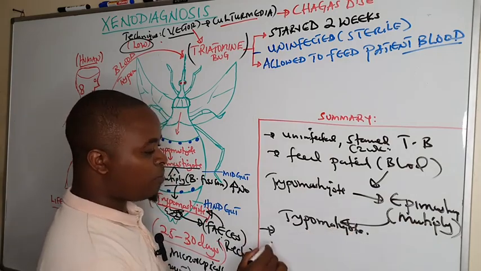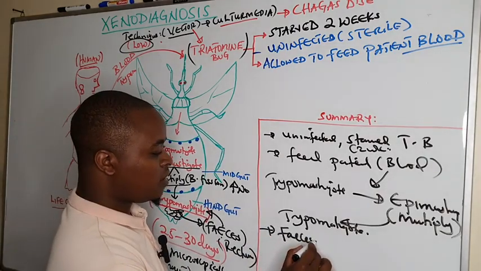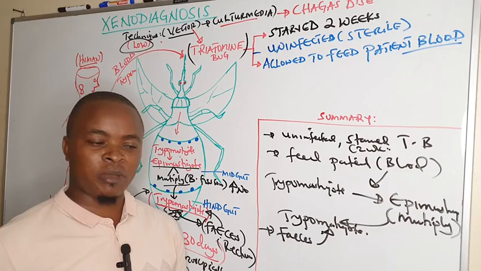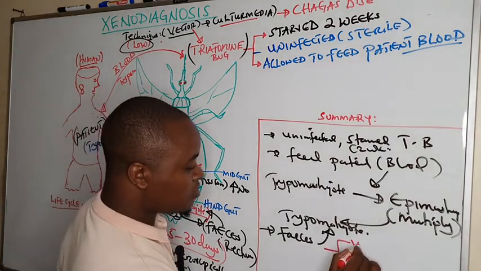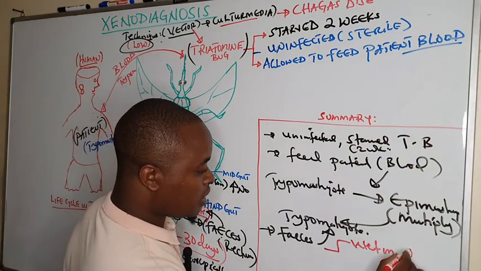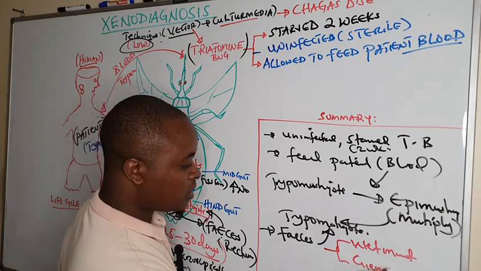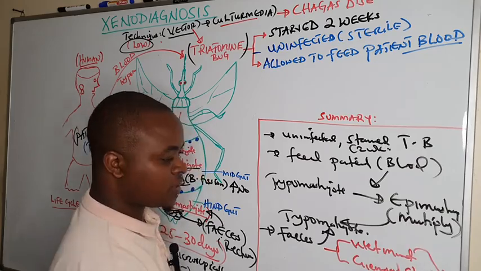Then we extract the feces of this triatomine bug and examine for the presence of trypomastigotes, either using a wet mount to look for motile trypomastigotes, or a Giemsa stained smear.